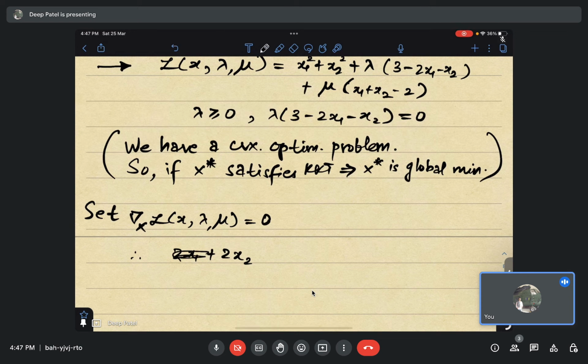You have to be careful, there are two variables. Sorry about that, the eraser is sometimes not getting selected. So 2x1 minus 2 lambda plus mu. Similarly, 2x2 minus lambda plus mu.